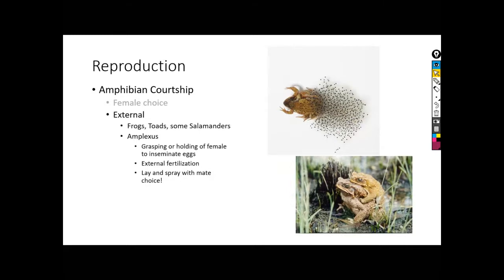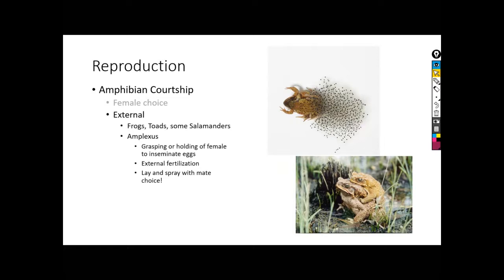Okay, so whatever we've done to gain the female's attention, some of this can be croaking, can be nest building, it can be displays. Most amphibians do some form of external fertilization. So most of our anurans, our frogs and our toads, and some of our salamanders.